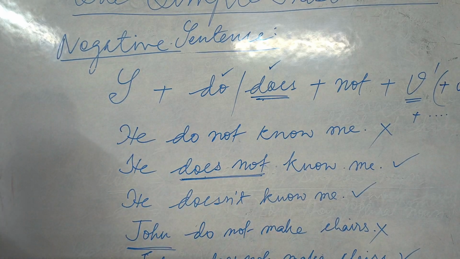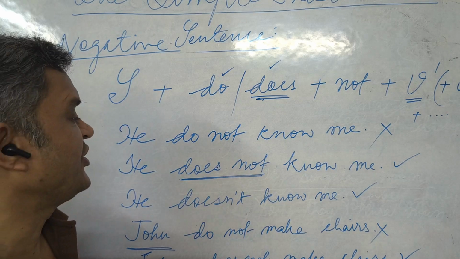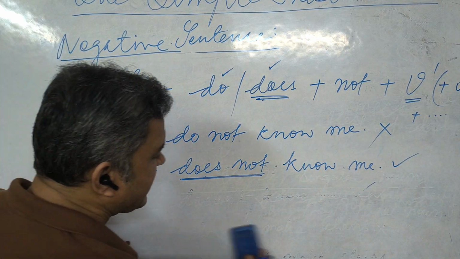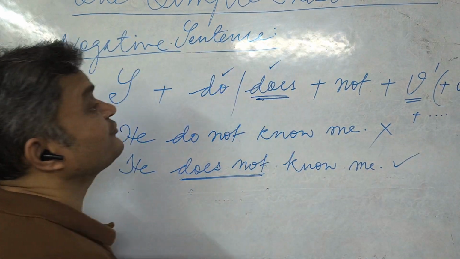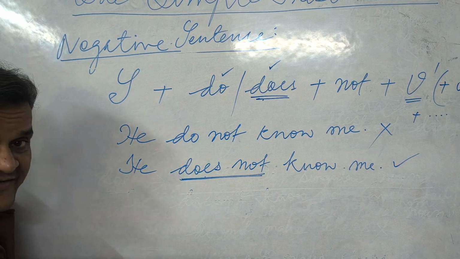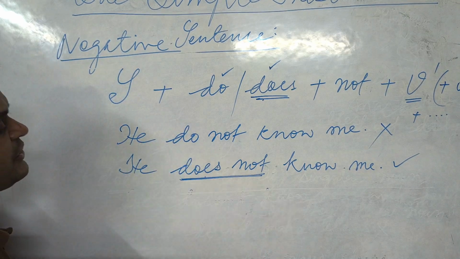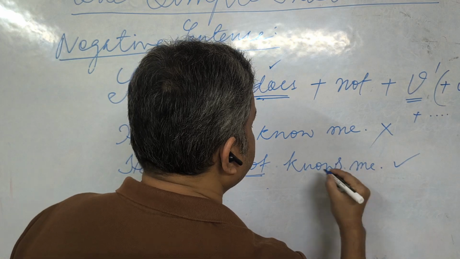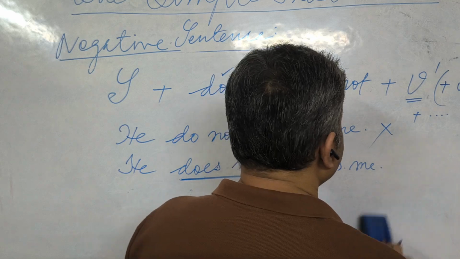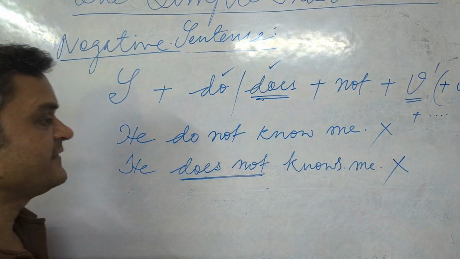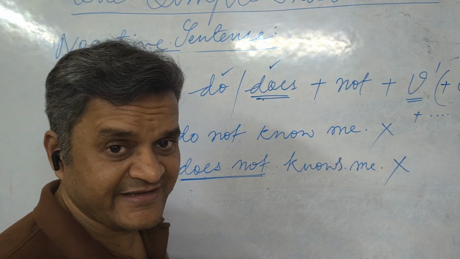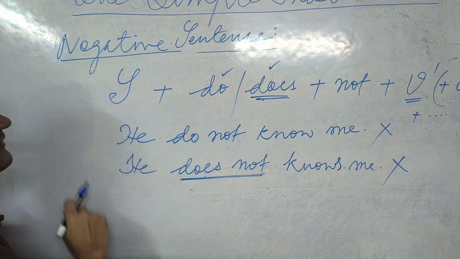Another mistake which people usually make here, since we know that we use the V5 form of the verb with he, she, it, and singular nouns, they will again use the V5 form here. They will say, John does not knows me. That is also incorrect. Because the V5 form is used in the affirmative sentence, not in the negative sentence.